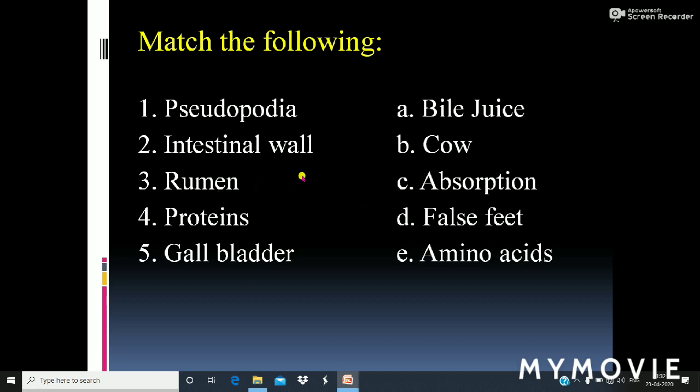And rumen, what will be the correct answer? Proteins, you know, and gallbladder. So children, you have to do it properly. Write in front of this, give a dash, and then write the correct answer. Like here also. I think you can do it very well and have understood all the topics, digestion in the cow, and note down and also draw the picture.